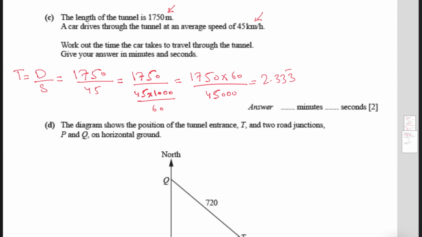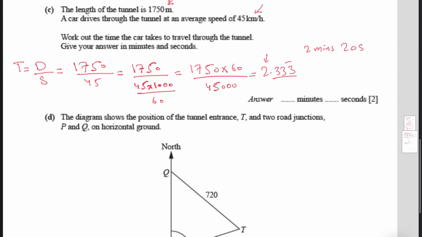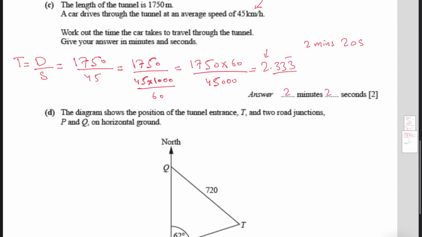Now this is the number of minutes, but we have to convert this into minutes and seconds. So of course the first digit, that is 2, becomes the minutes, so it's 2 minutes. But when you multiply 0.33333 by 60, you would get the number of seconds. So you do 0.33333 by 60 and you get 20 seconds. That's your answer. You write 2 minutes and 20 seconds.